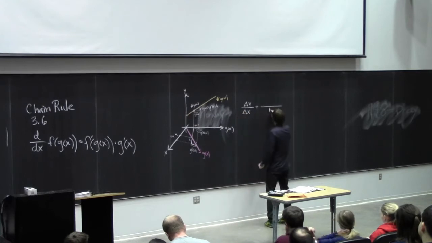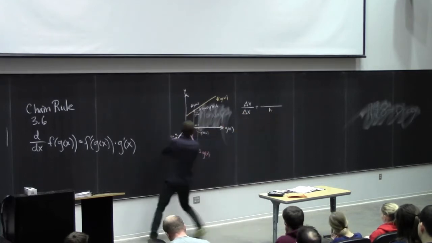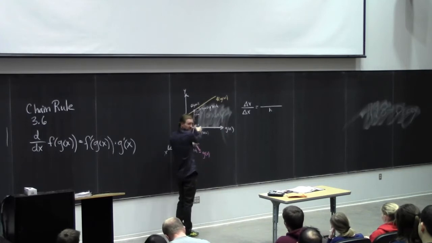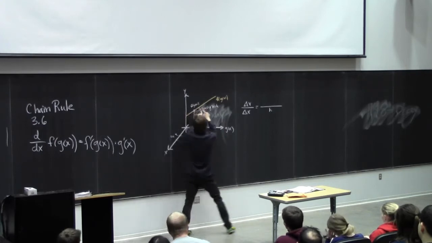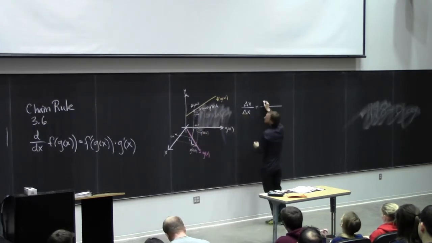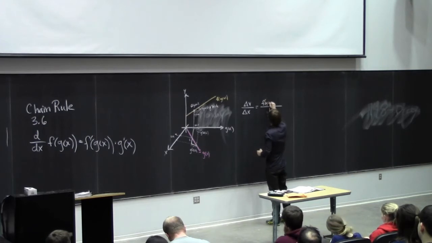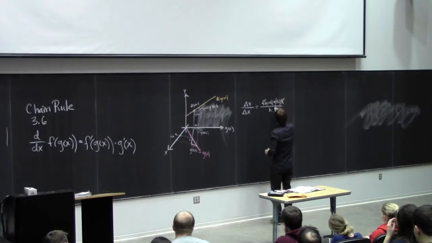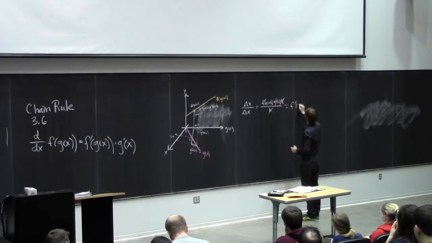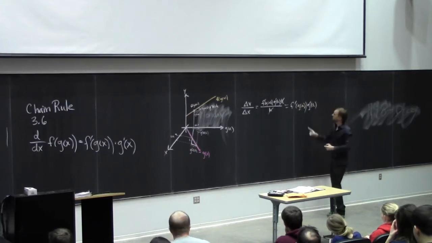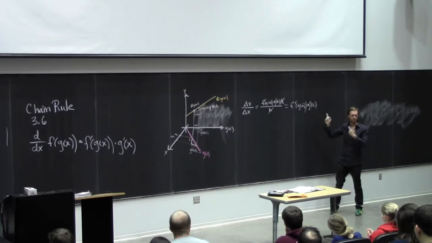When I change this by h, it changes this function by g prime of a times h, which is then put into the change here, which changes this function by f prime of g of a times g prime of a times h. The h's cancel, and we get f prime of g of a times g prime of a. This is the chain rule. This is what you've got to memorize.